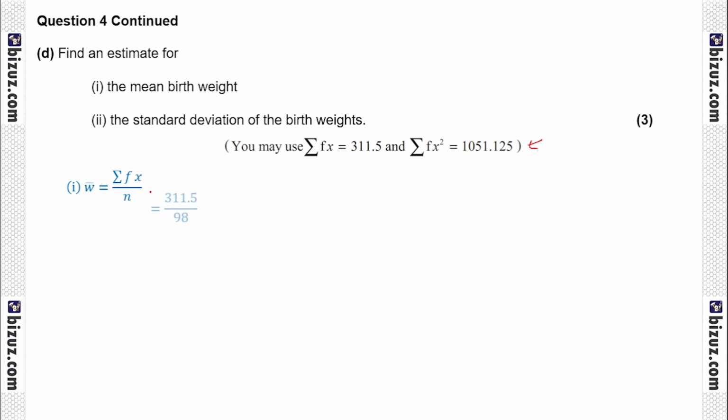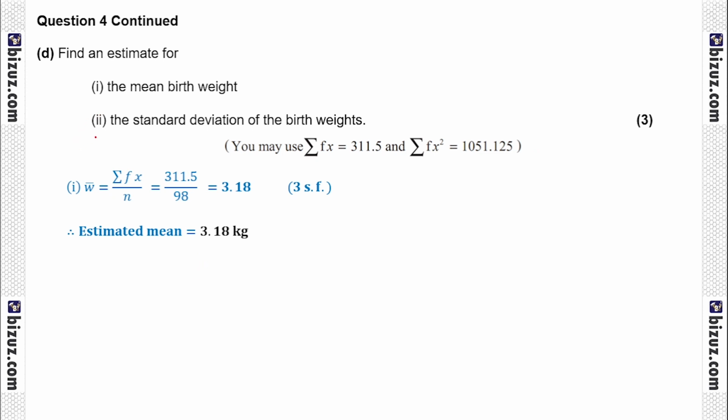If we plug in the values that we know, we get 311.5 divided by 98, and that's going to give us 3.18 to three significant figures. So the estimated mean birth weight is 3.18 kilograms.